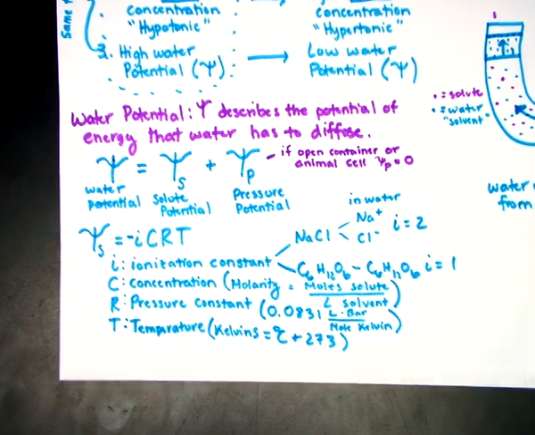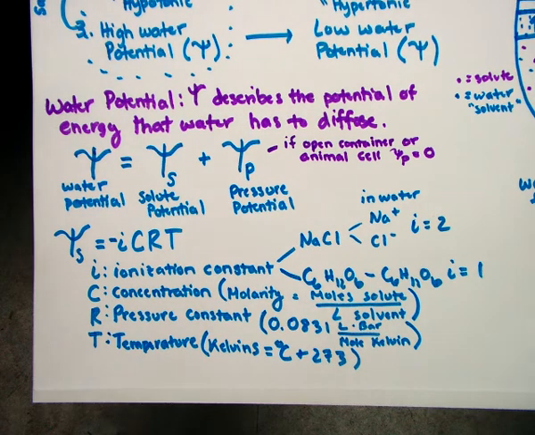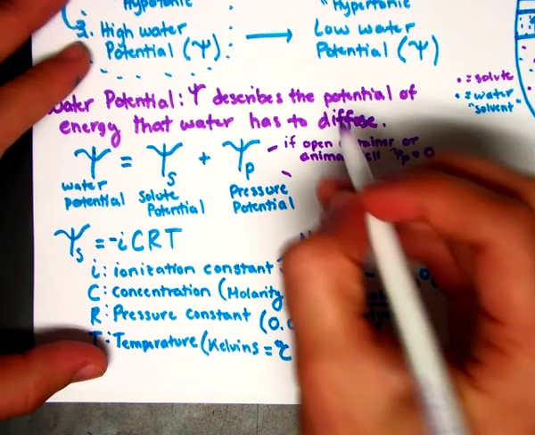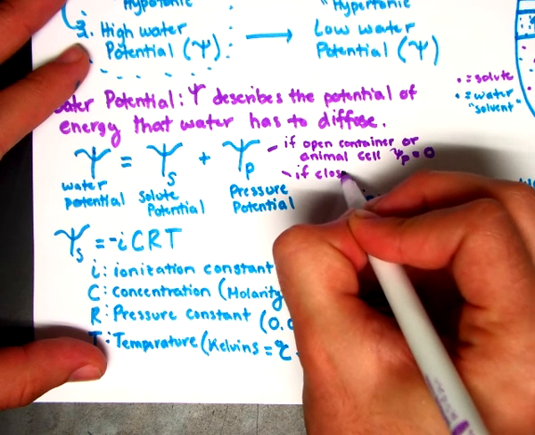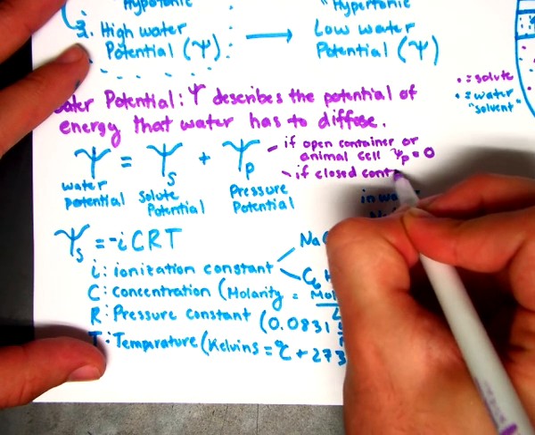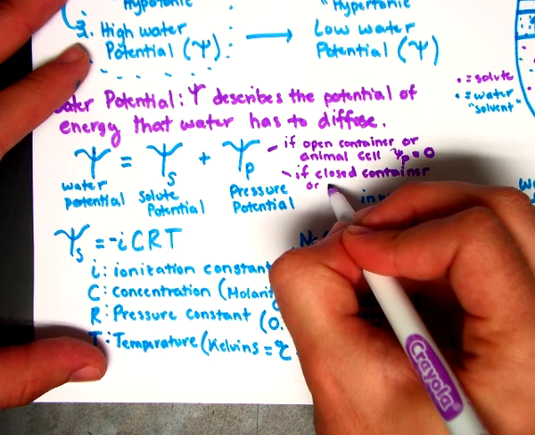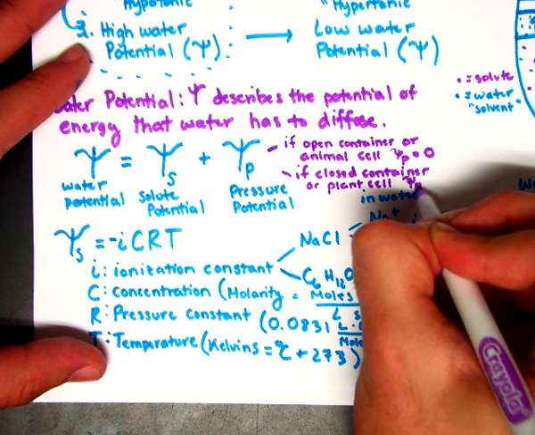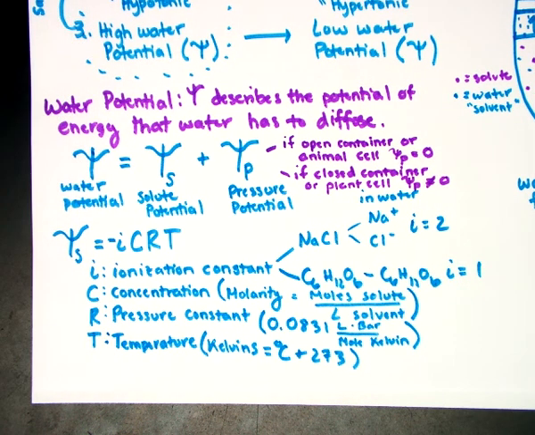So if it's an open container or an animal cell, your psi P will normally be 0. However, if it's a closed container or plant cell, psi P will not be 0, but it will often be provided.